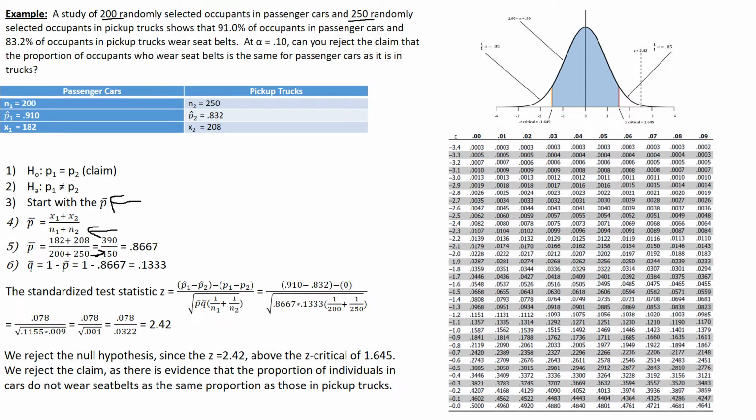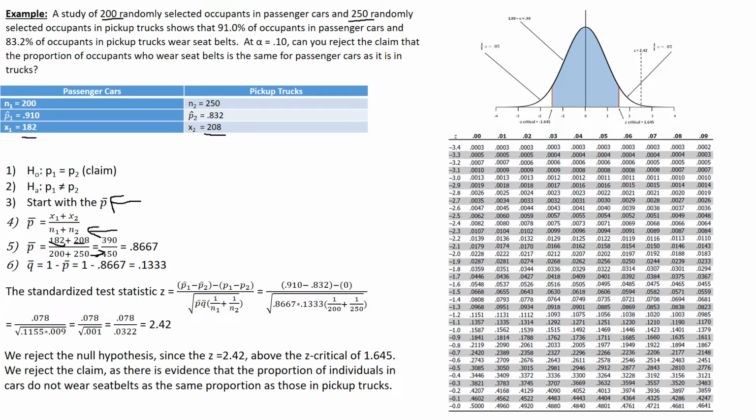And then we wanted to find 91% of the 200, 0.910. If you multiply 200 times 0.91, you get 182. So that's our x1 right here. Then our x2 is 0.832 of 250, which is 208.